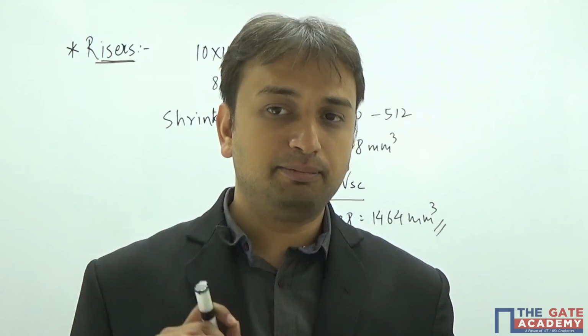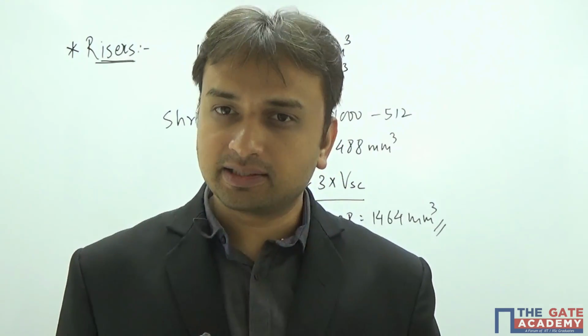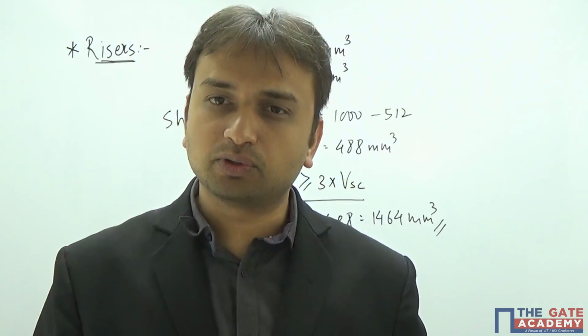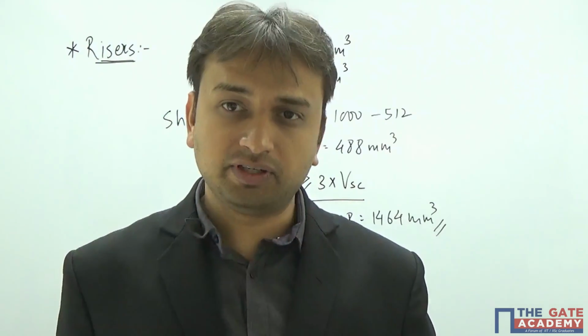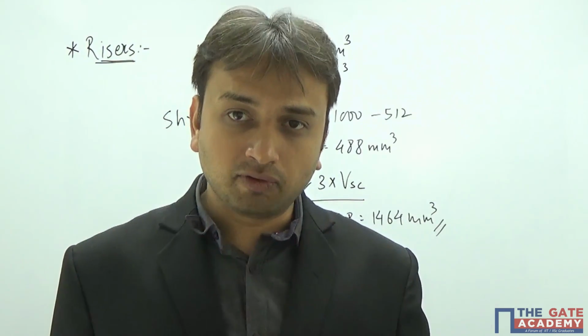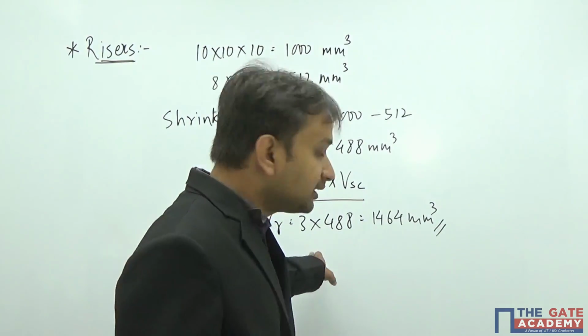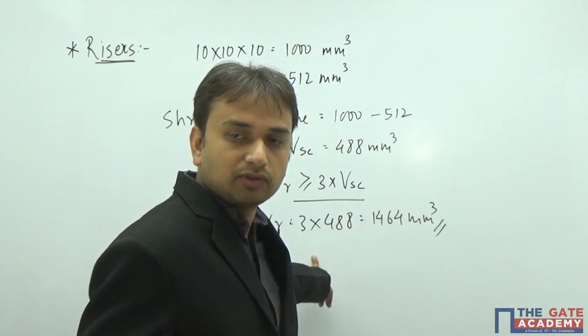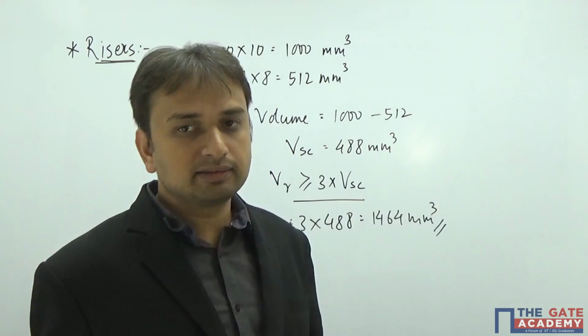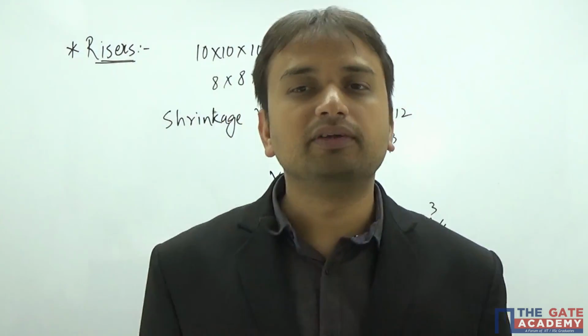But I'm not saying that molten metal in the riser is not going to solidify at all. No, we are not saying that, right? We have already taken that into consideration. That is why we are considering thrice the volume of the shrinkage volume. Getting the point? Because of course, it is going to solidify.